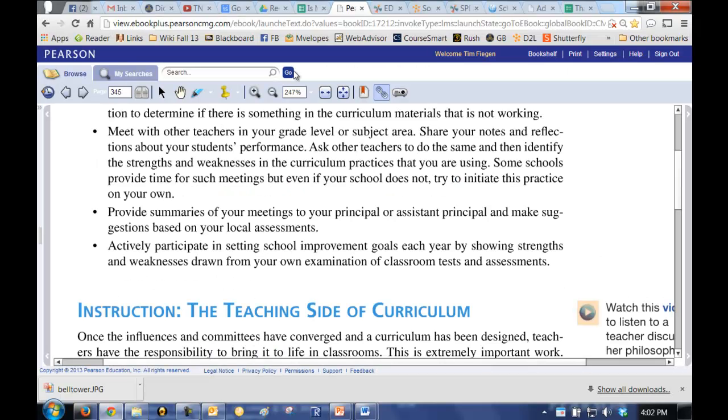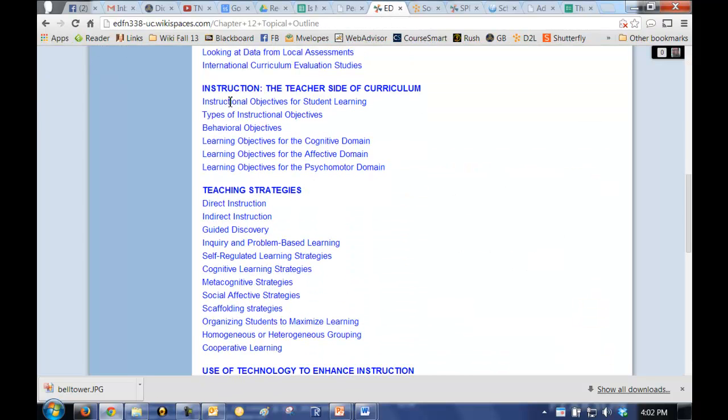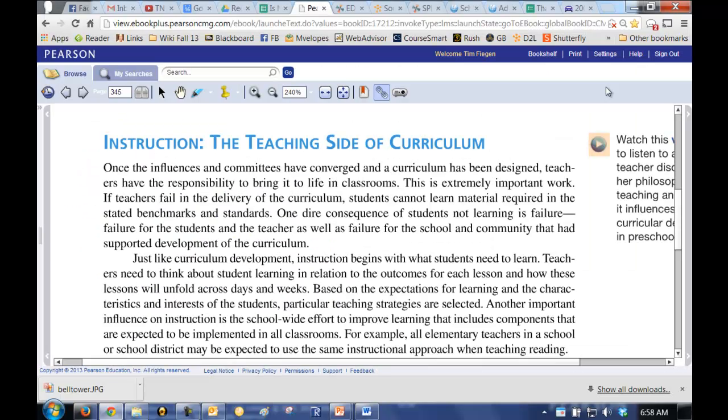Now we're down here, the instruction, the teacher side of the curriculum. Now let's talk about you. This is where the rubber meets the road: the teaching side of the curriculum, instruction. So far, as we go through this look at the plan and instruction, a lot of it is above your pay grade.